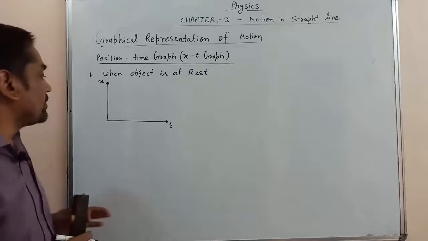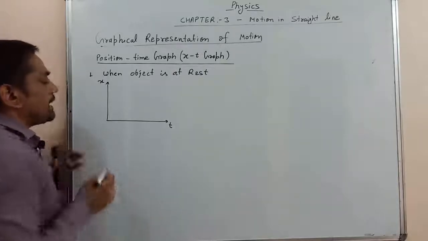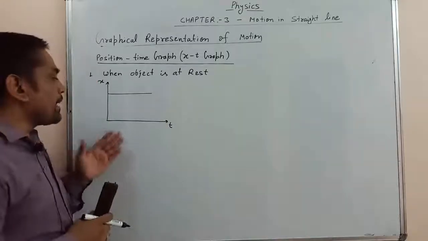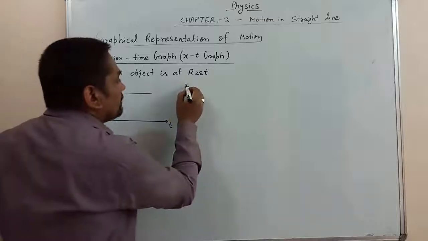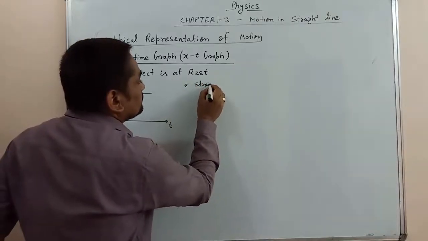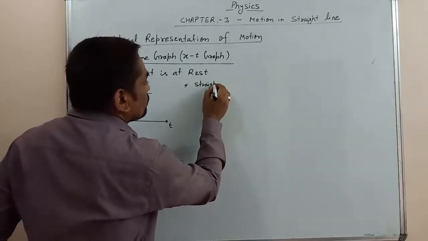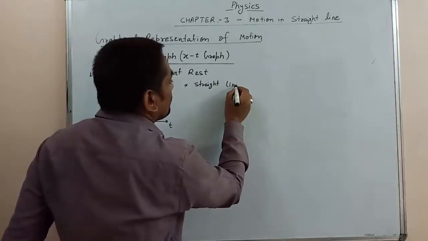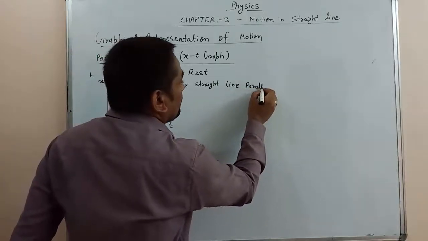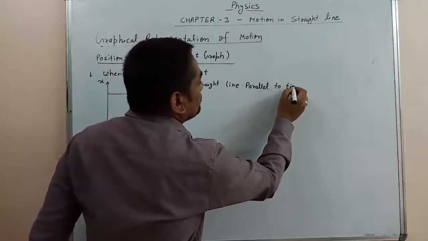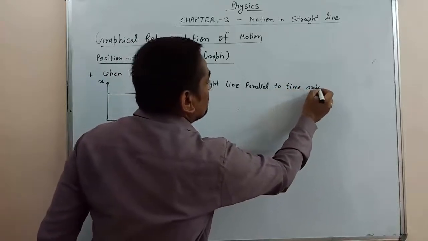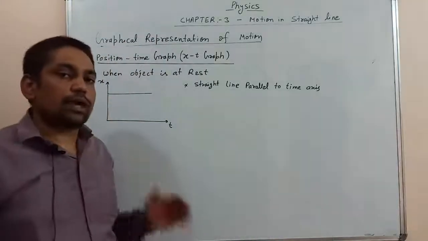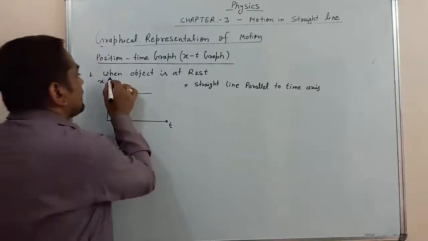If the graph between displacement and time is a straight line parallel to the time axis, that means the object is at rest.